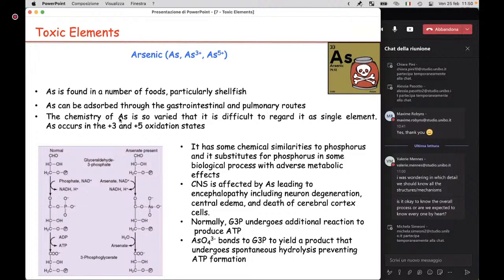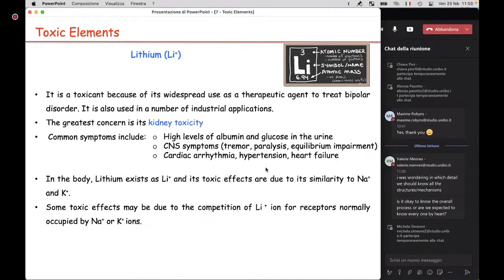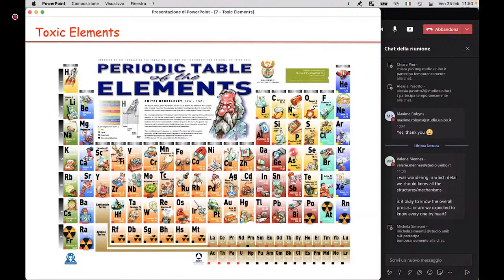So it is quite difficult to have a complete overview of this element, but the most important ones are +3 and +5 cations. So arsenic is in the same group as phosphorus. Here you can see nitrogen, phosphorus, arsenic.